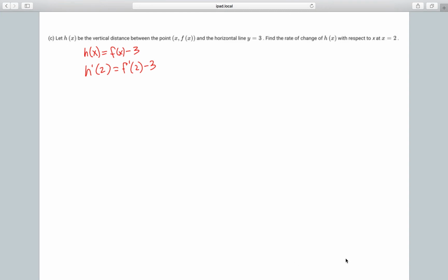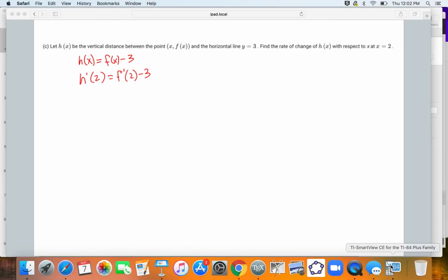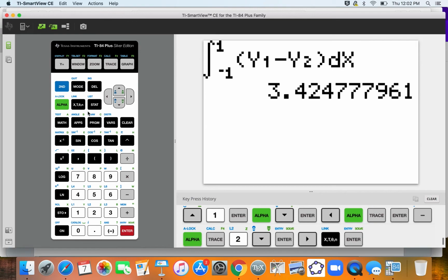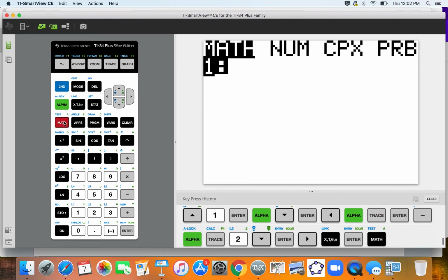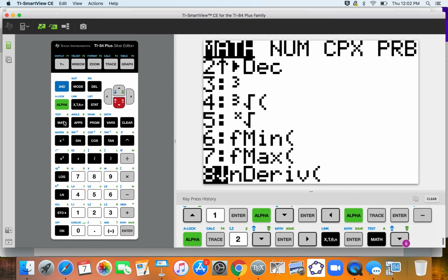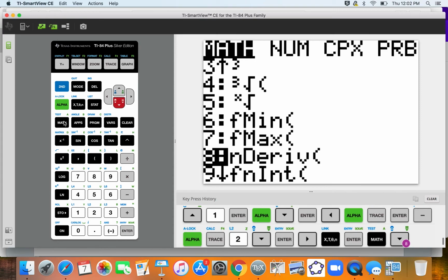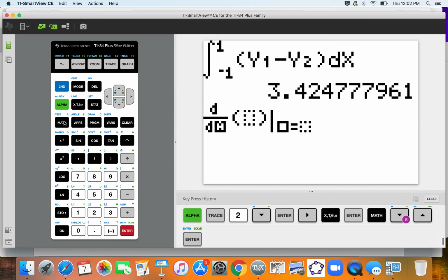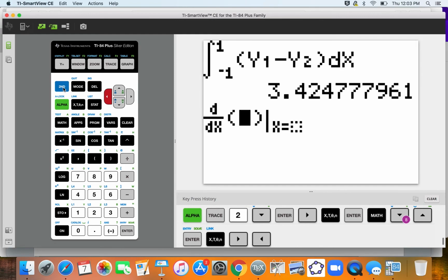Once again, we can do it in our very slow emulator of a calculator. So I'm going to do math. We're going to choose the differentiate option. We'll just go ddx. We're going to differentiate the same thing, which is y1 minus y2. y1 is our function.